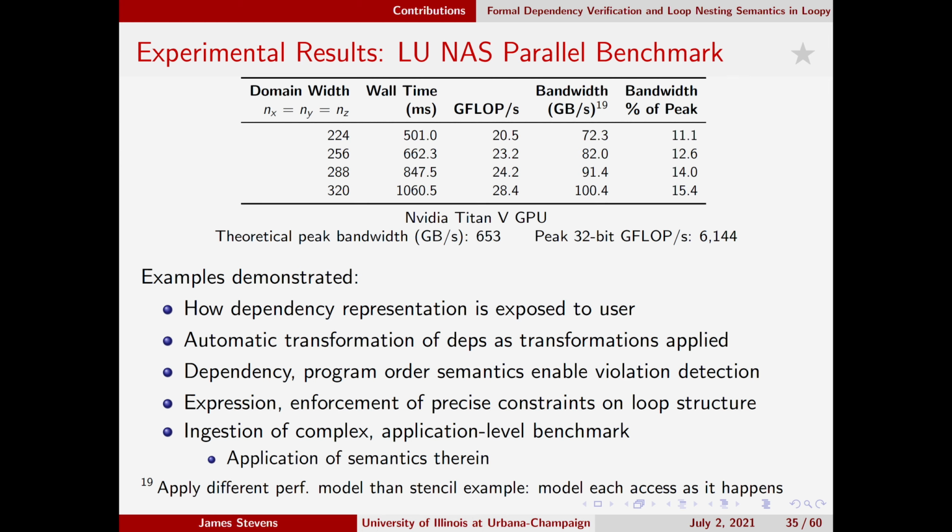We demonstrated how a user can express precise constraints on loop nest structure using our semantics, and that we can apply all of this to a complex application-level benchmark which can be ingested into our programming system.